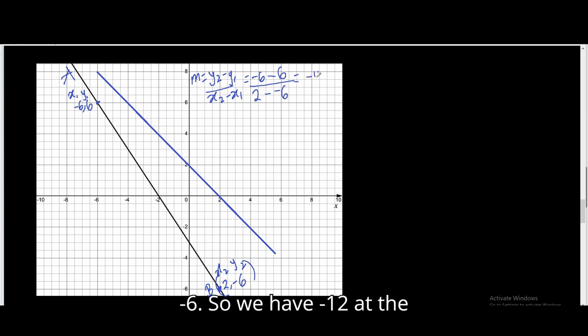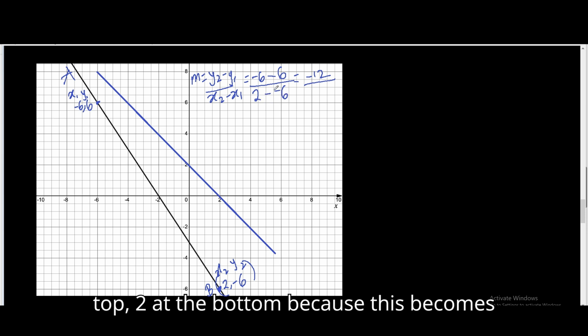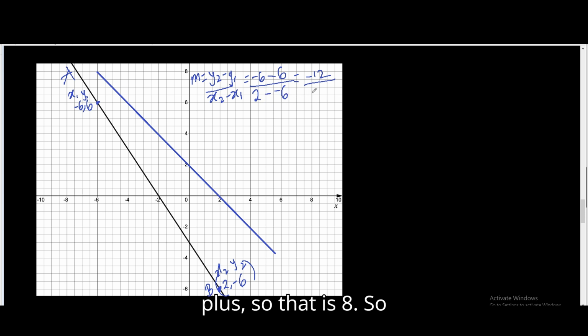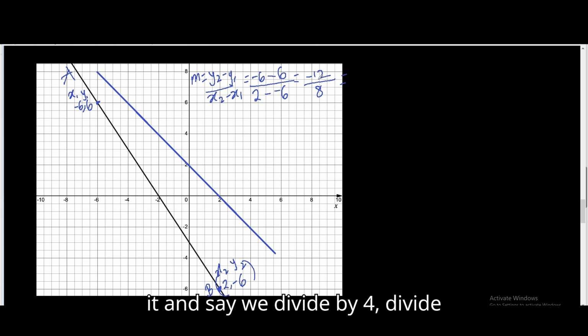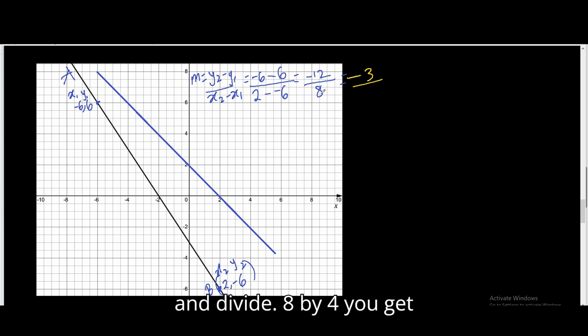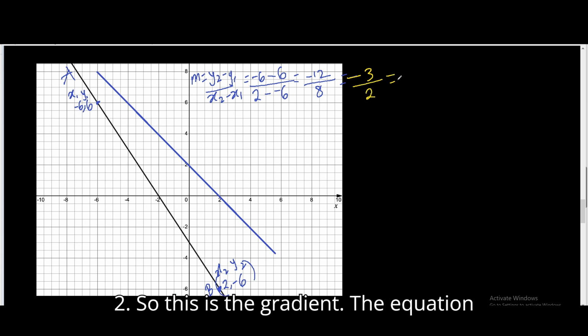So we have negative 12 at the top, 2 plus 6 at the bottom because this becomes plus. So that is 8. So the gradient of this one is going to be minus 12 over 8. We can reduce it by dividing by 4. Divide 12 by 4, you get 3. And divide 8 by 4, you get 2. So this is the gradient.